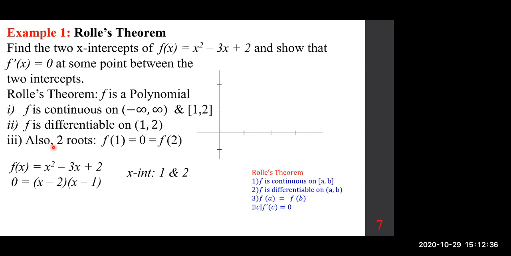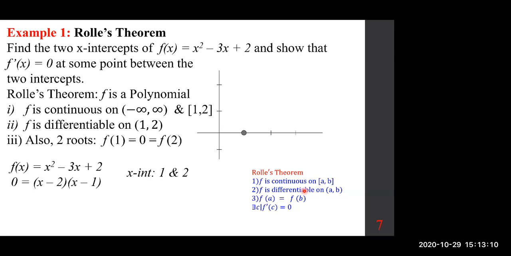So also there are two roots. We proved that there are two roots, which means f of 1 equals f of 2. So we are looking at this one. There exists, the reverse E that reads 'there exists', a c such that f prime of c is 0. So let's find f prime of c.